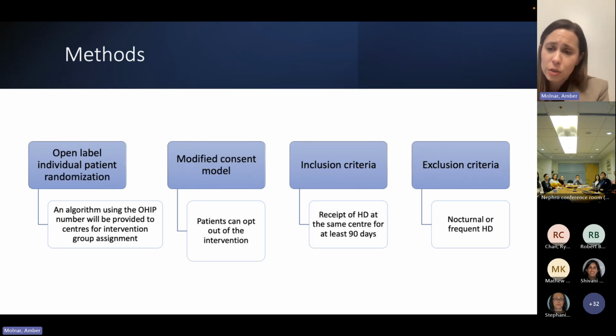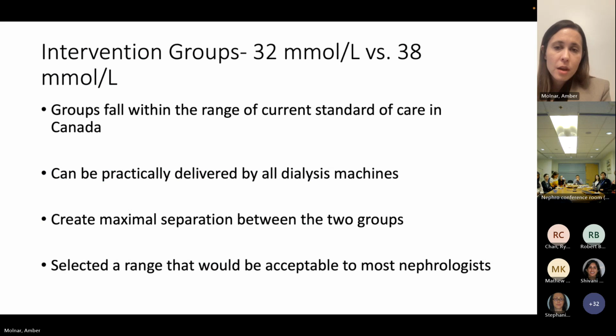We do plan to exclude patients from the intervention who are getting nocturnal or frequent hemodialysis, as these patients often receive lower dialysate bicarbonate concentrations than those getting a more conventional 3 times per week hemodialysis schedule.